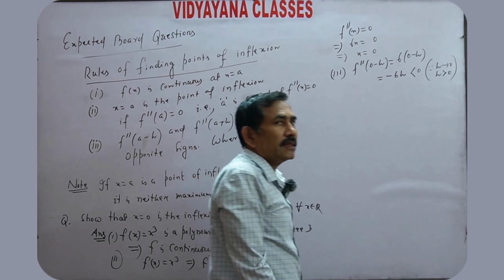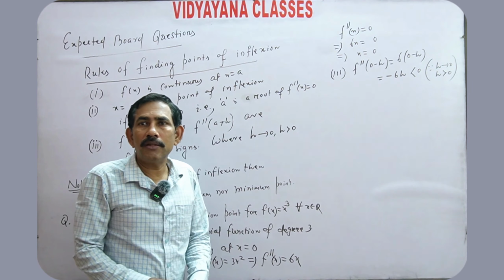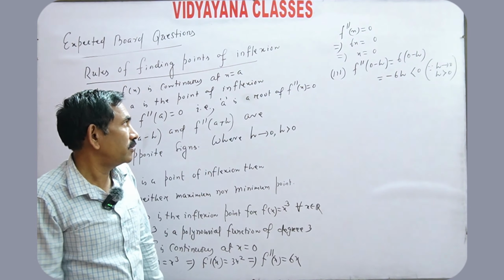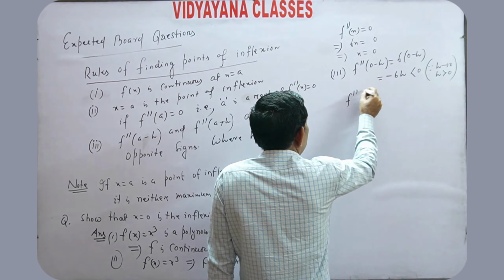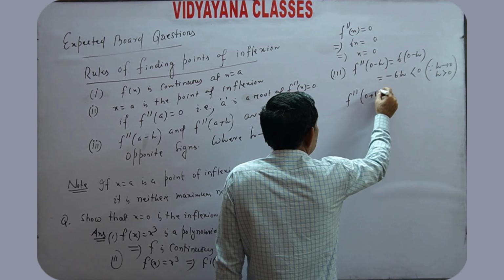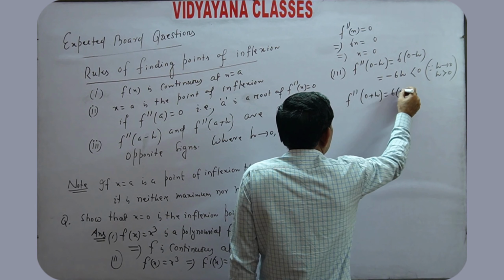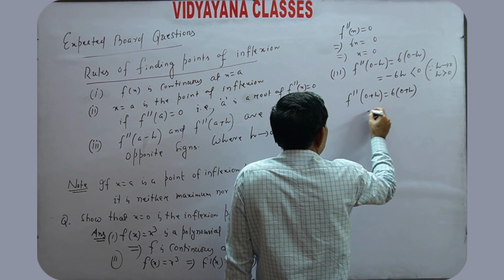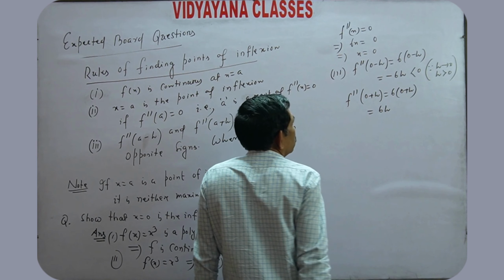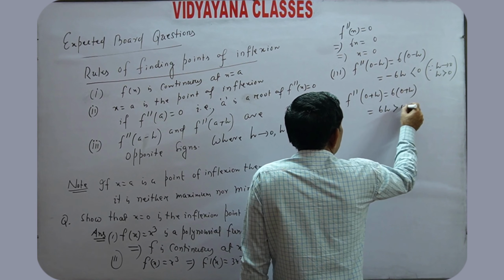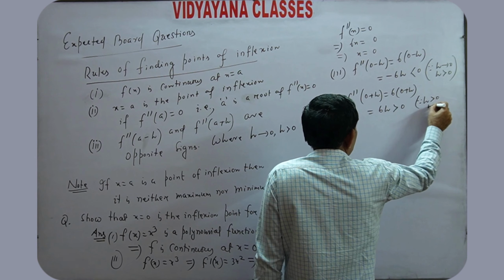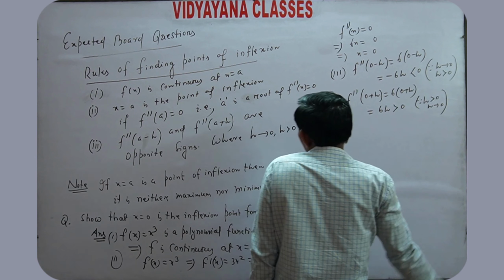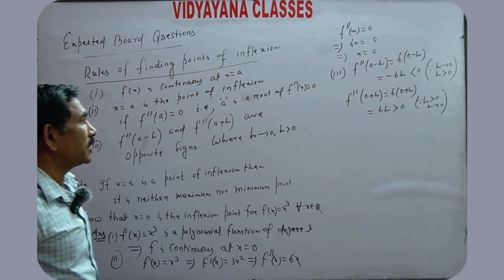That means h is an arbitrarily very small positive number. Second, f double dash (0 plus h) is equal to 6 times (0 plus h) is equal to 6h, greater than 0, since h greater than 0, h tends to 0.